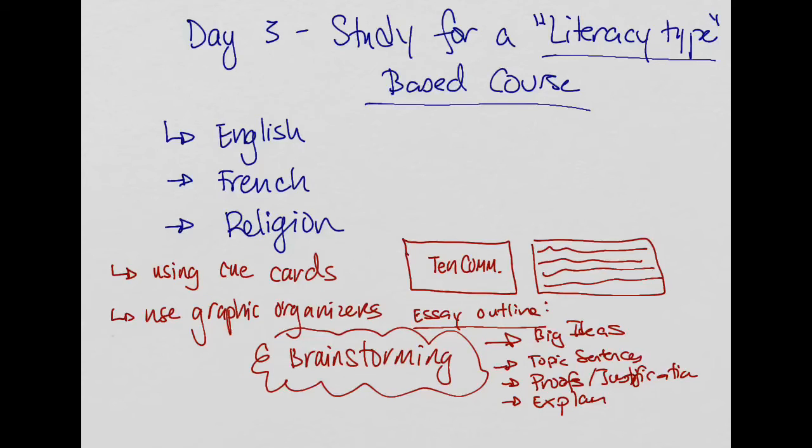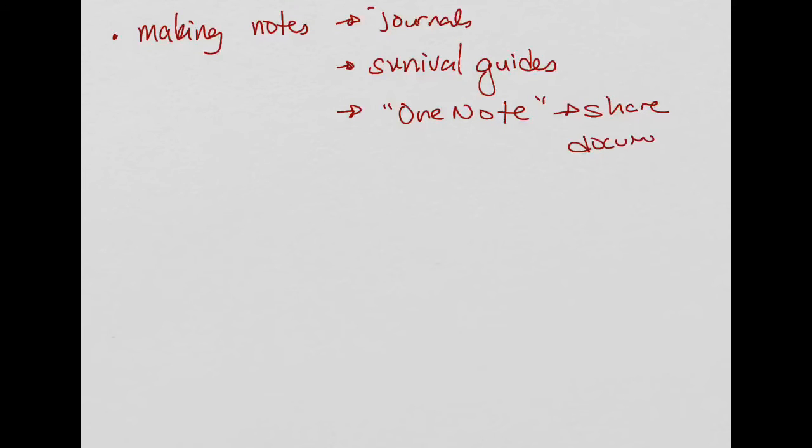In terms of other ways that I can study, you might think of making notes. So you can use journals, you can use survival guides, you can use OneNote, especially if you want to share the document with peers, okay?